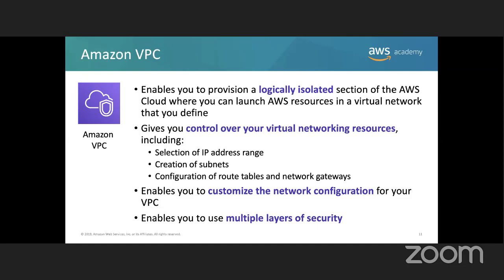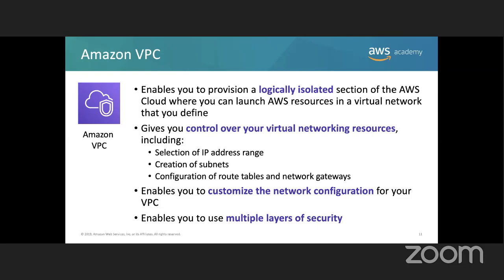So you're gonna have a certain amount of IP addresses that you select when you create your VPC network. If you create less than you need, you're gonna have a problem. You will have to recreate the VPC. So be careful with that.